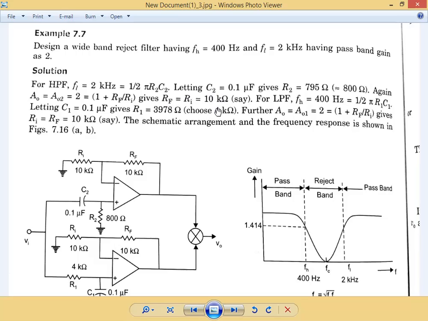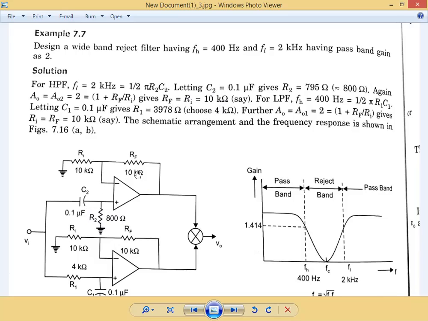Why have we taken 10 kilo ohms? The resistance R2 is around 800 ohms, which is nearer to the value of 1 kilo ohm, that is 1000 ohms.